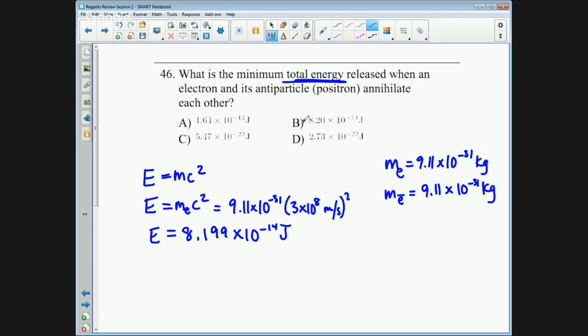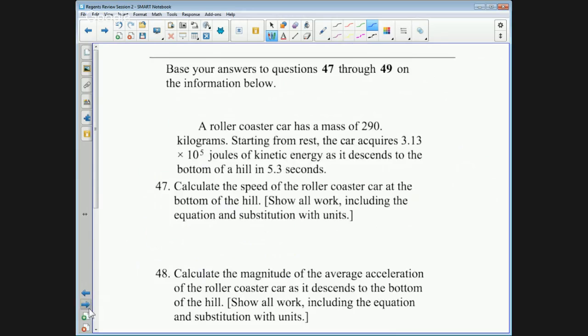Choice B is the answer for that, but that's just for the electron. We also need to figure out the energy for the positron. Since it's the same mass, we just do 2 times this, and we're going to get 1.64. We multiply by 2 because it's the energy of the electron plus the energy of the positron. That answer is 1.6.